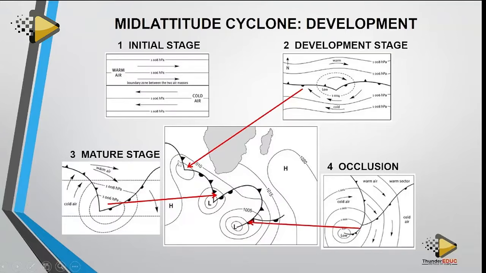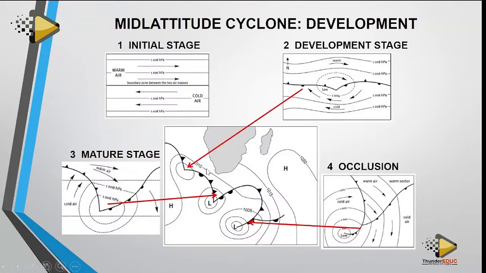And now in examination you can be asked to identify between these three mid-latitude cyclones which one is older and which one is younger. The one which is further to the west will be the youngest, and the one that is further to the east will be the oldest.